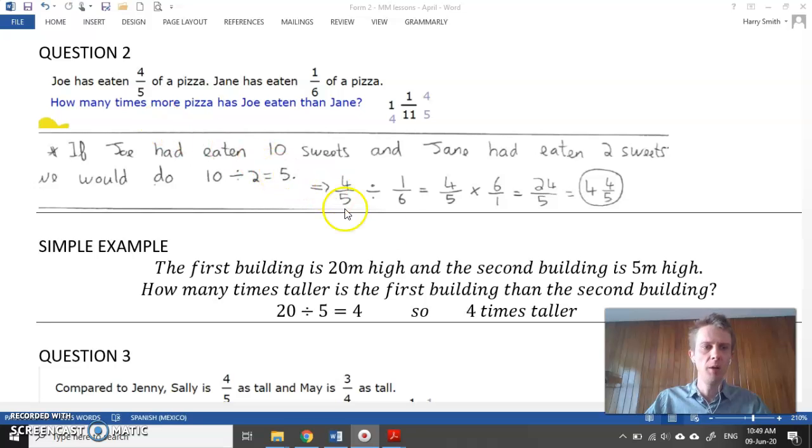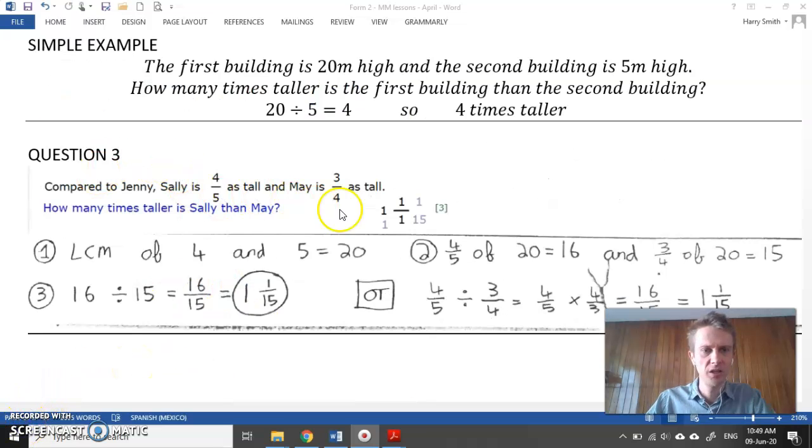For question 3 on the second page, I need to go through a simple example first. Once again, the wording in question 3 is very hard to understand. The first building is 20 meters high, and the second building is 5 meters high. Try and picture that.